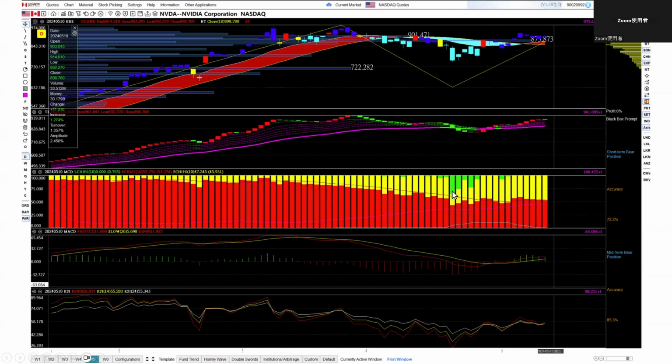In the blue ribbon, somewhere in the middle, the lowest wealth accumulation was around 43%, and that's when Nvidia was trading at 750 or 760 something.